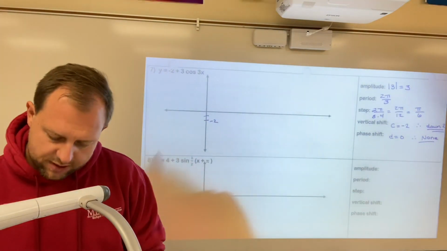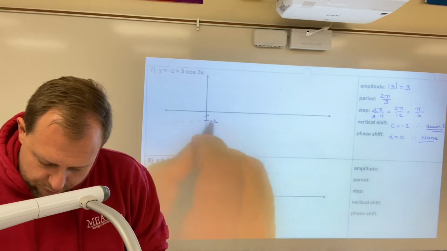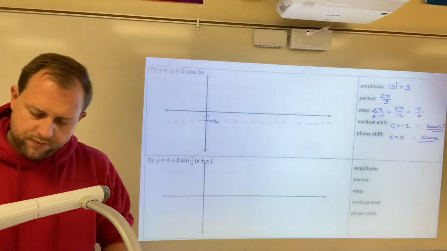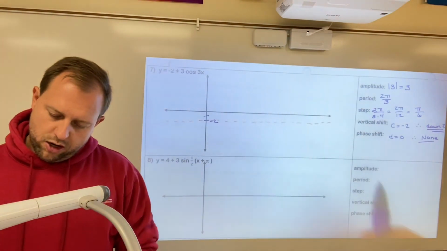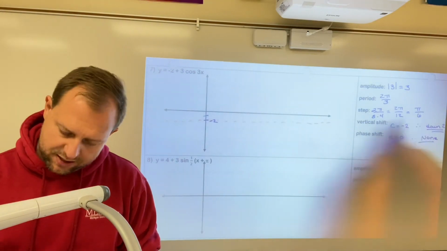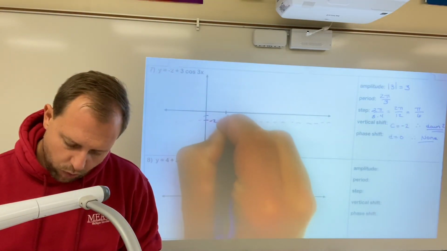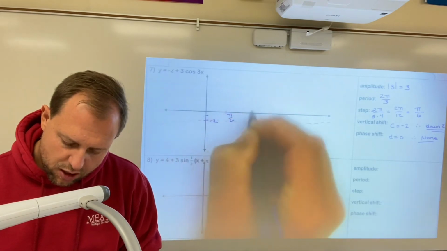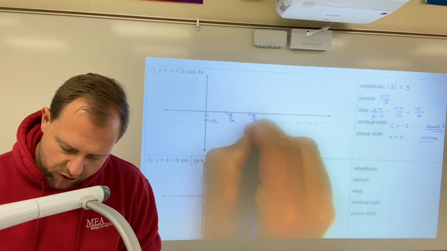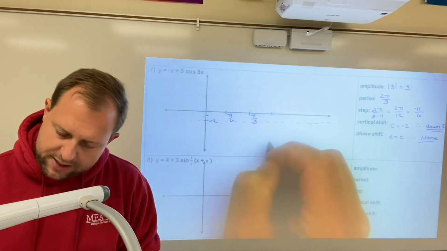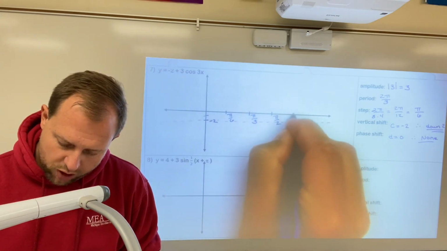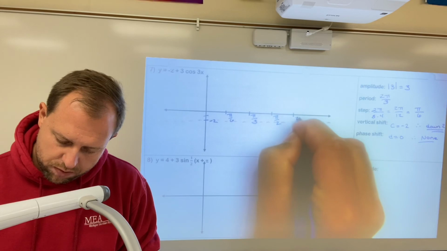to give us our new x-axis, our new center line. There is no phase shift, and each step is at pi over 6. So 1/6 of a pi, 2/6 of a pi, 2/6 reduces to a third, so pi over 3. 3/6 of a pi is half a pi, and 4/6 of a pi is 2 pi over 3.